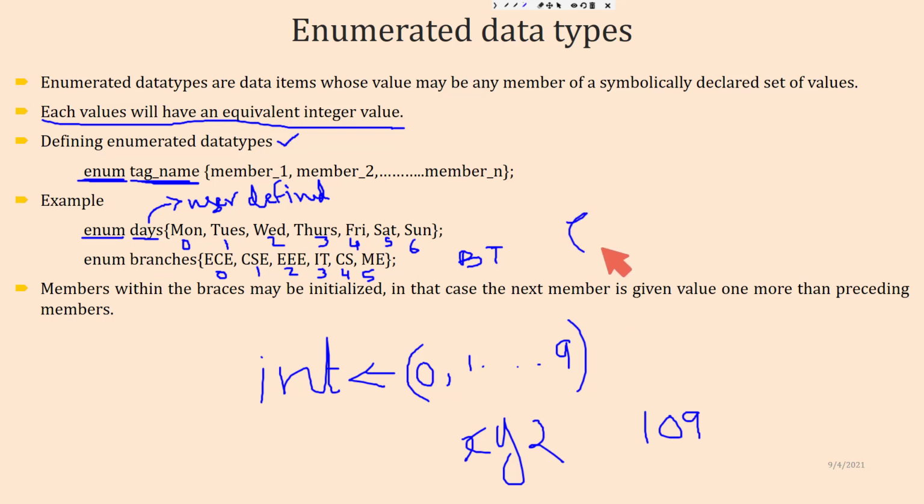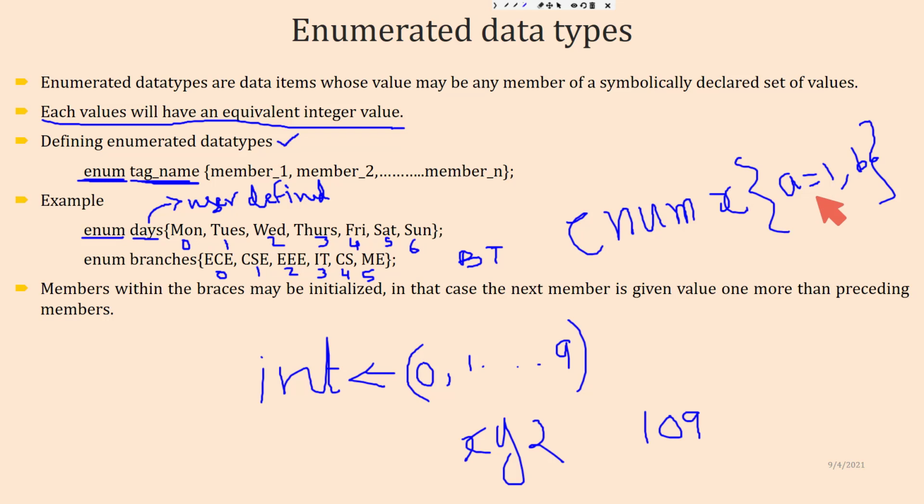Suppose I have written something like enum x with a equal to 1, comma b. Here the possible values x can take are a and b. Here I initialized a with 1. So what will happen? B will get the value 2.